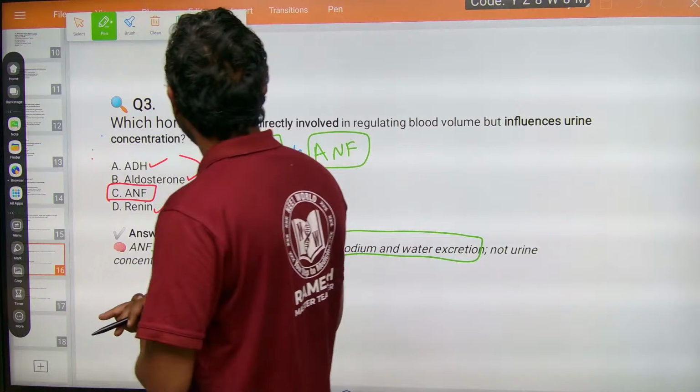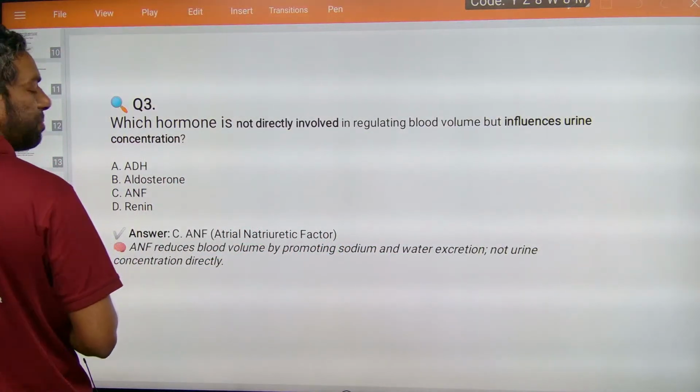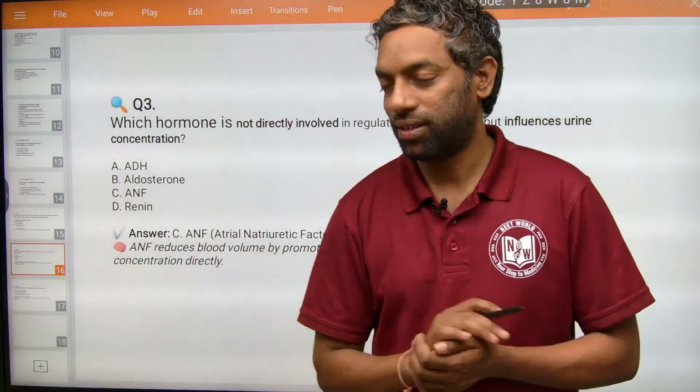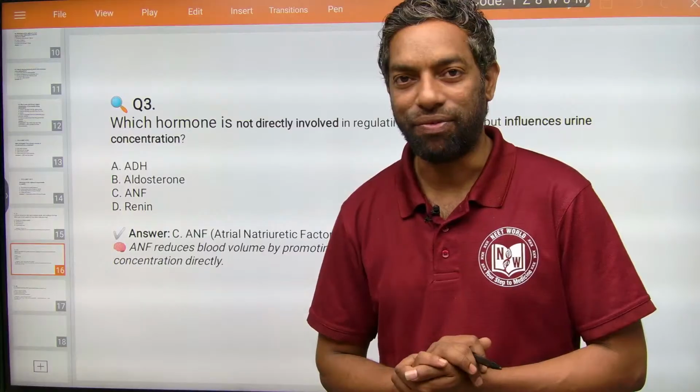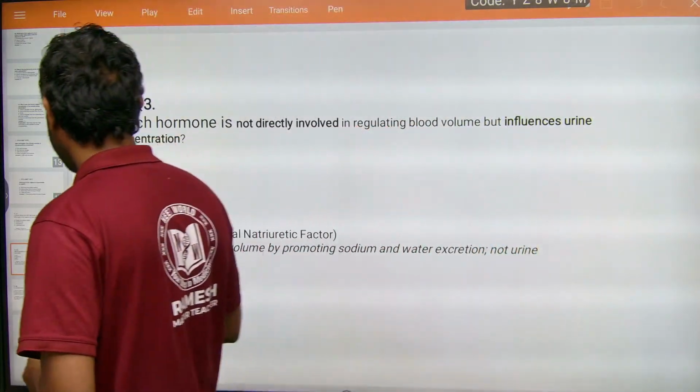This is a direct question, guys. Next question. I will explain the difference between the RAS mechanism and ANF in the class, concept based, okay.